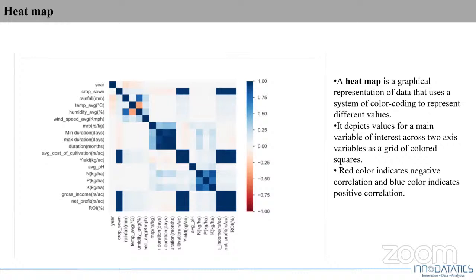The diagonals are all one dark blue because those squares are correlating each variable to itself. So it is perfect correlation. For the rest, the larger the number and the darker the color, the higher the correlation between the two variables. The plot is also symmetrical about the diagonal since the same two variables are being paired together in those squares. Next slide.